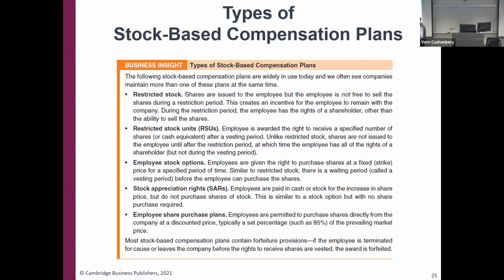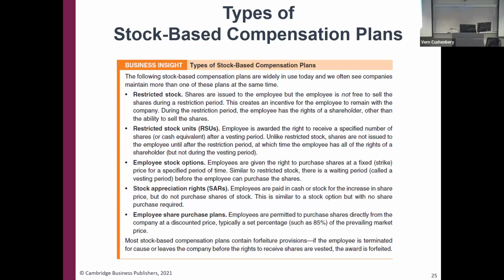Usually doesn't come with any voting rights, and it doesn't give you any basis upfront, meaning upfront it's typically worth nothing. We give you a promise, we give you a piece of paper, and we say this piece of paper is going to be based on the delta between what the company's worth today and what the company's worth maybe 3 years from now, 5 years from now, 10 years from now.